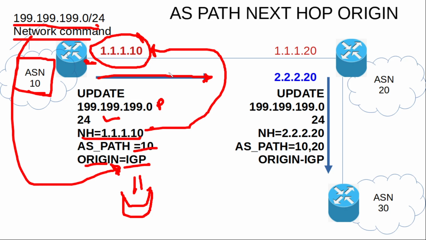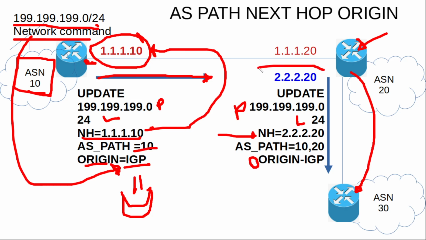And then this update arrives into this router, and this router is going to process this update, and it is going to change it a little, and it is going to advertise it through all its neighbors, in this case to this device. The prefix remains the same, the length remains the same, the origin remains the same, but the next hop changes, because now it is going to make sure that this neighbor is able to reach this prefix through this IP address.